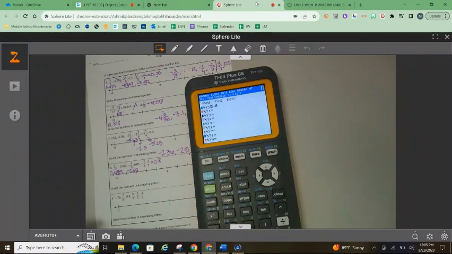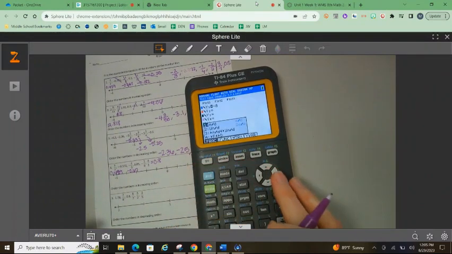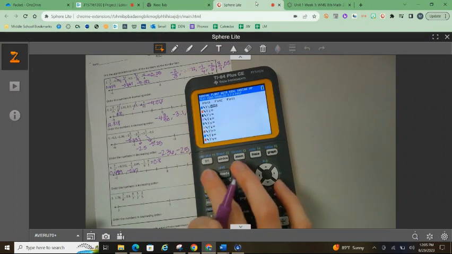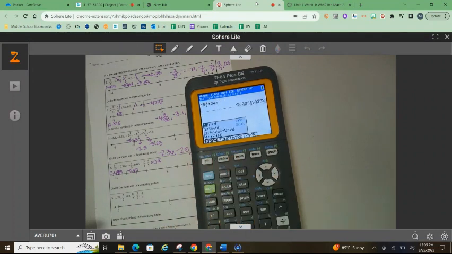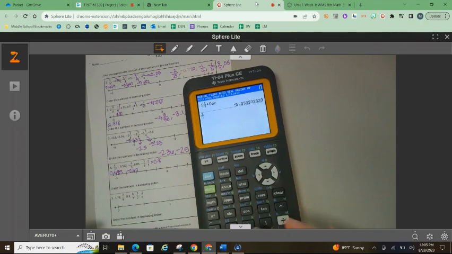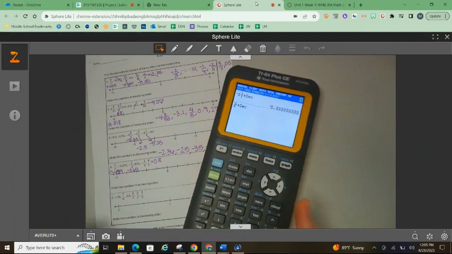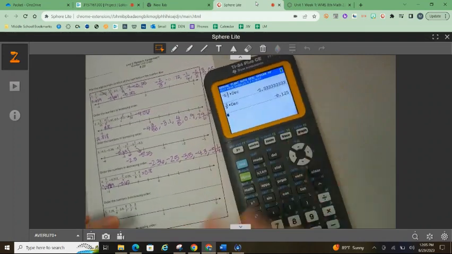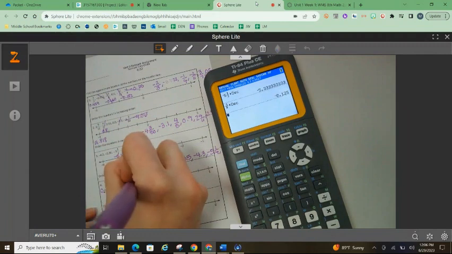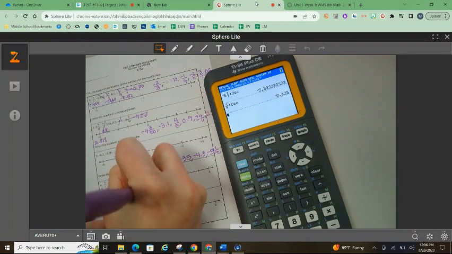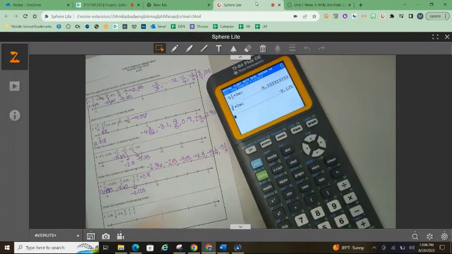So alpha y equals, let me get out of that second mode. Alpha y equals the first option, and we have negative 1/8. Math, go to the second choice for decimal. Negative 0.125.